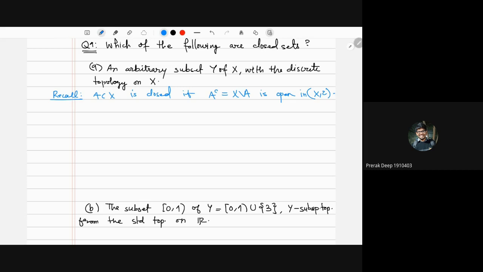Now, what do you think about option A? Is any arbitrary subset Y a closed set in the discrete topology? You can answer in chat or by unmuting yourself, whatever suits you.